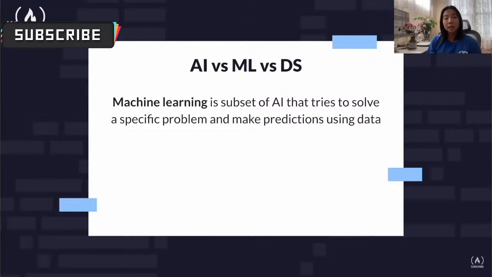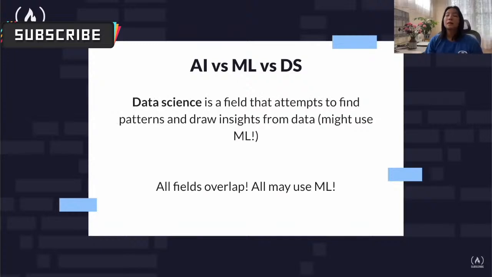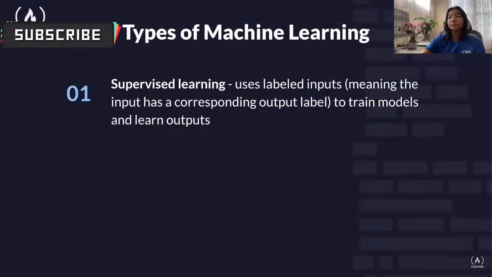Now, machine learning is a subset of AI that tries to solve one specific problem and make predictions using certain data. And data science is a field that attempts to find patterns and draw insights from data. And that might mean we're using machine learning. So all of these fields kind of overlap, and all of them might use machine learning.